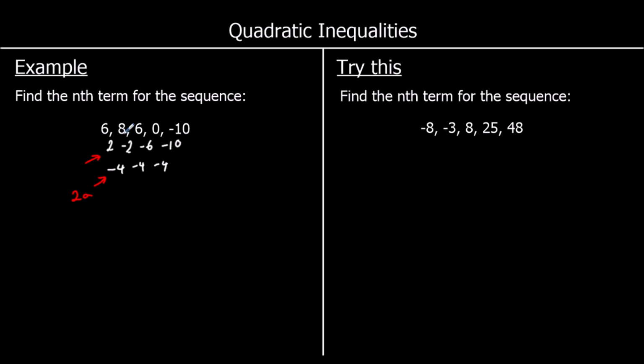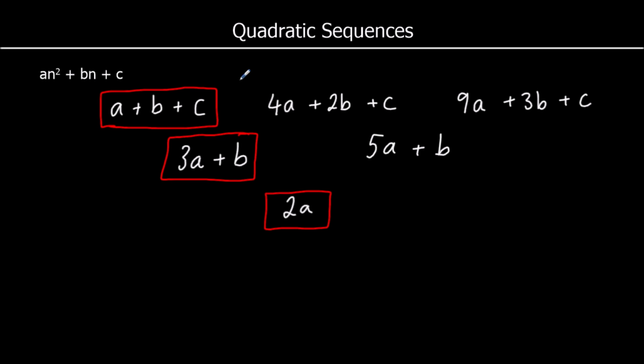The difference between the first two terms is 3a plus b for any quadratic nth term. And the first term is a plus b plus c. So this is what you'll have to remember in order to answer these questions, or you could remember how to work it out and find it yourself every time.